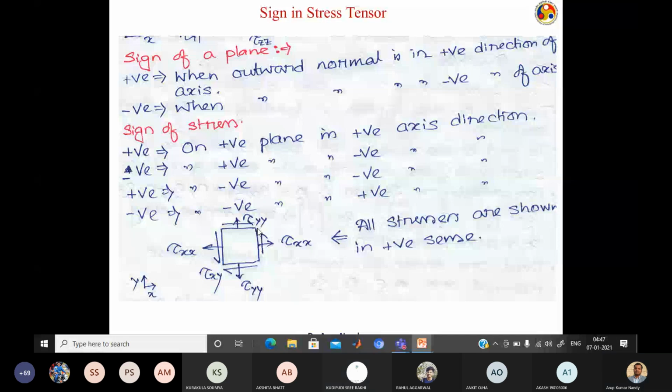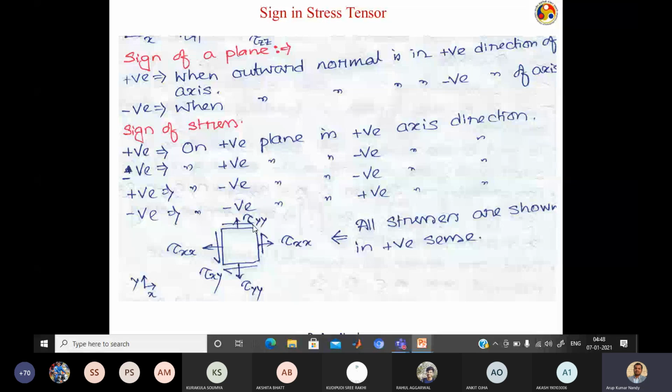So this plane whose normal is in the positive direction is a positive plane. So this is your positive x plane and this is your positive y plane whose normal is in the positive y direction.